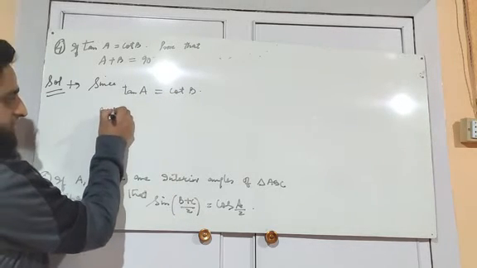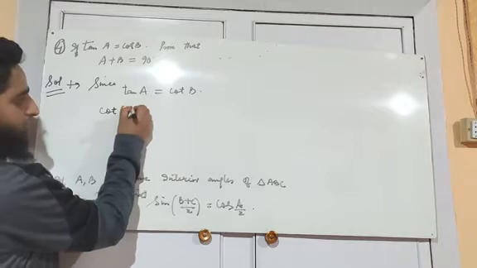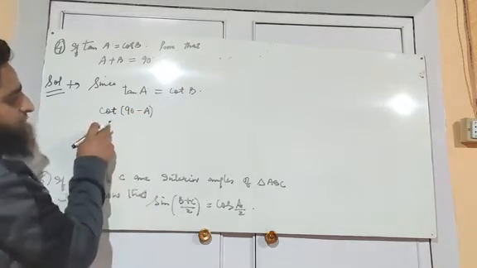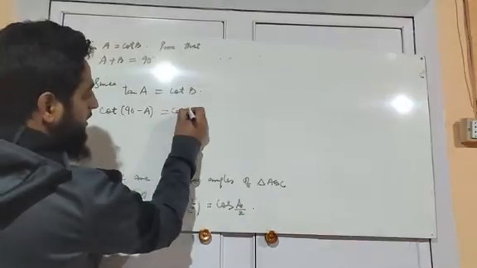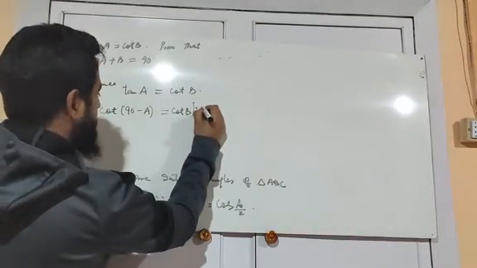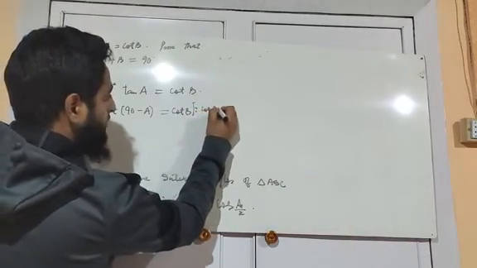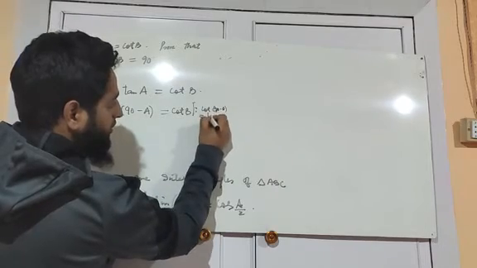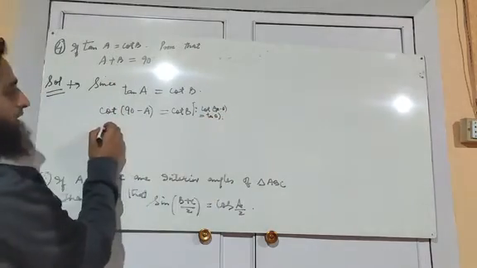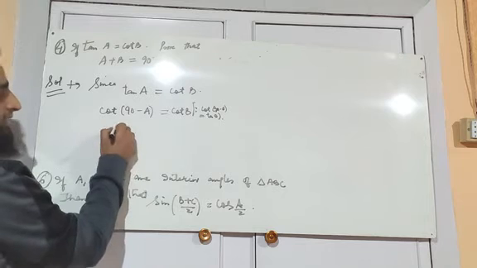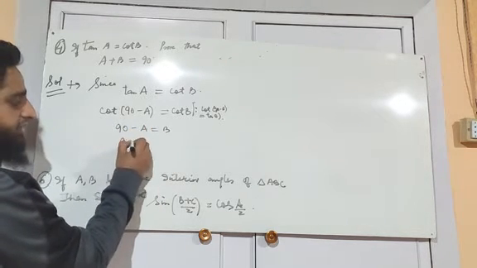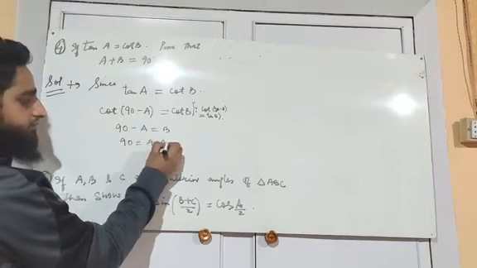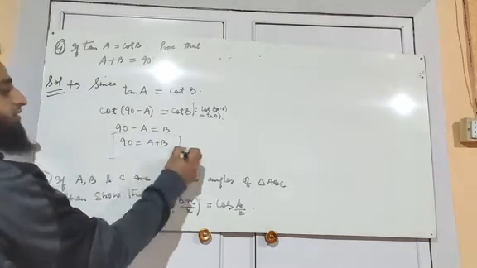If we can change tan, we can write cot of 90 minus a, because we know that cot of 90 minus theta is tan theta. Cot b you can write here. Cot and cot will cancel out. 90 minus a is equal to b. It means 90 is equal to a plus b.